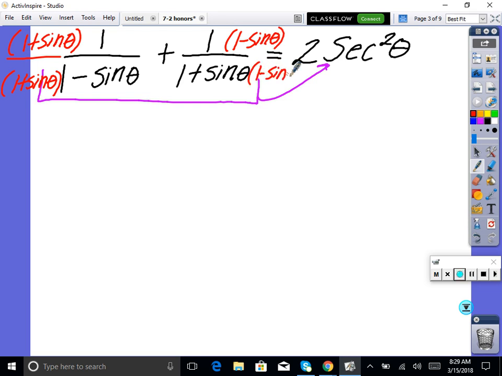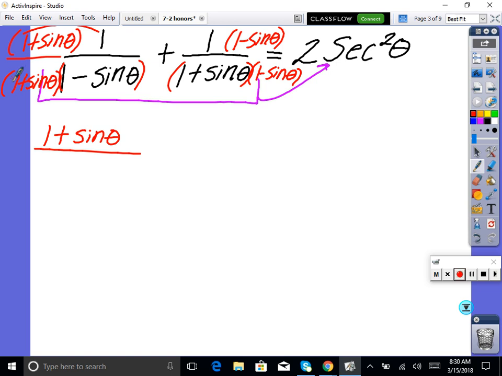Now remember, you have to multiply out your numerator. You can leave the denominator factored. I'm going to throw in parentheses if there are 2 terms, and we might want to multiply out the denominator. It just depends on the problem. So multiplying out the numerator, we're going to have 1 plus sine of theta, true? All over, the bottom actually we will want to multiply out because I'm thinking it's going to become cosine squared.